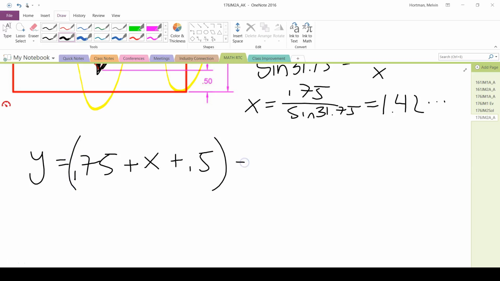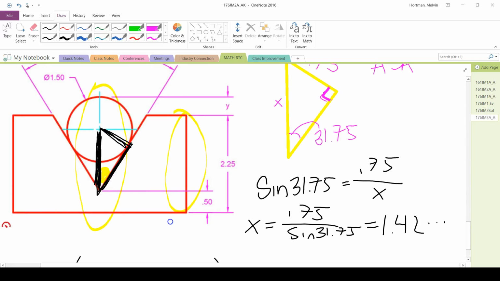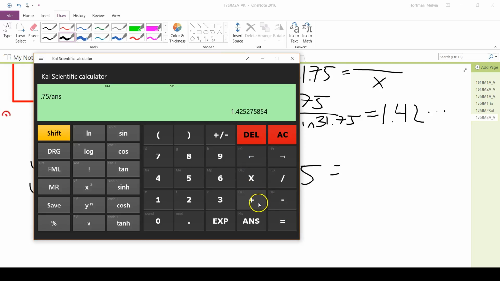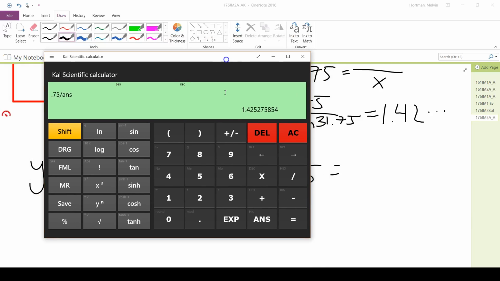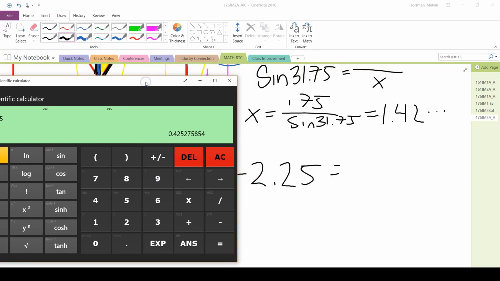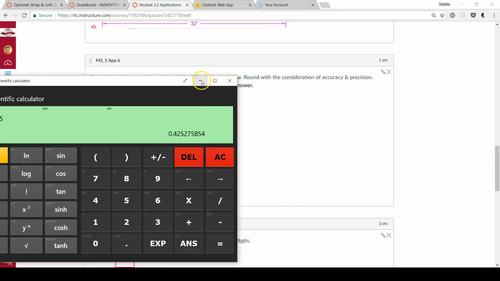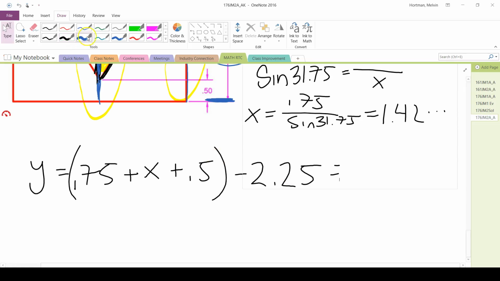All of that is minus, let's go back here, 2.25. That equals 0.425 something. That rounded to significant digits. Looks like I got 2 significant digits as my lowest number. So 0.43. 0.43 is going to be my final number.